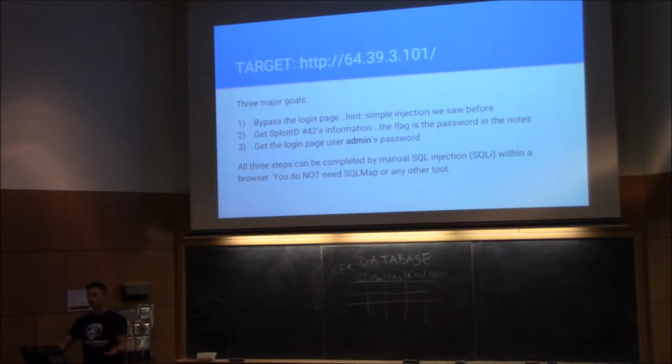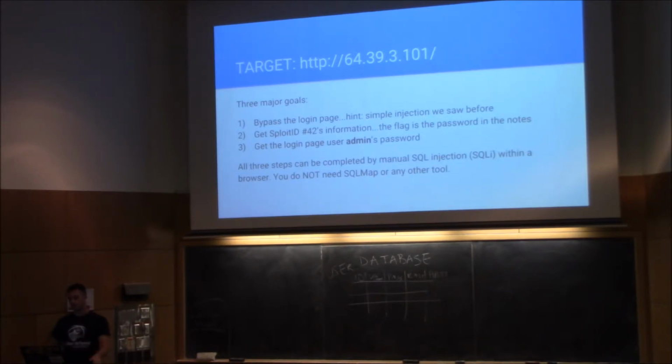And then the second goal, once you're past that, you'll see a query where you can enter an employee's ID and get the information based on them, some contact information and notes. The goal for that is to get ID 42's information. I'll tell you right now that it's restricted, but with SQL injection, there are multiple ways that you can bypass that. I made it a bit easier in this instance, so it should be relatively easy to get that.